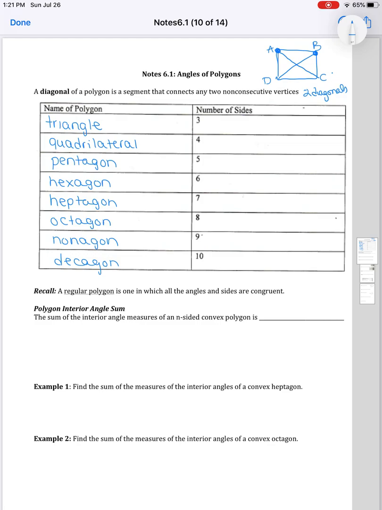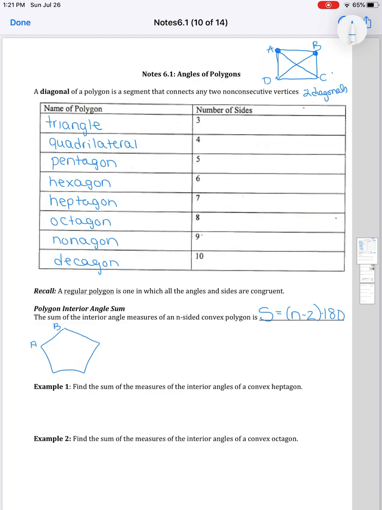Something with six sides is a hexagon. 7 sides is a heptagon. 8 sides is an octagon. 9 sides is a nonagon, and 10 sides is a decagon. So those are some of the popular figures that you're going to be seeing throughout this next chapter.